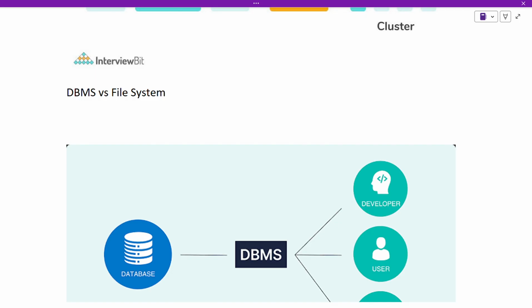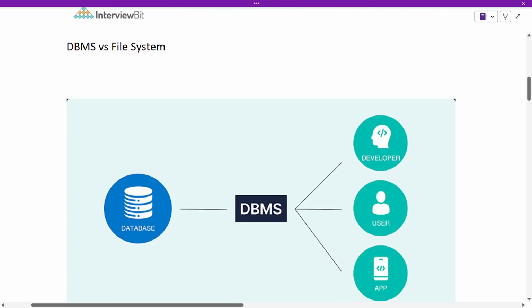So there is no concurrency, there is no control over the data, and there is no ability to extend functionalities, like to extract a particular amount of data, to filter the data, to manipulate the data, to insert dynamically, to do a lot of things. File systems never had such support. So we went for a DBMS.